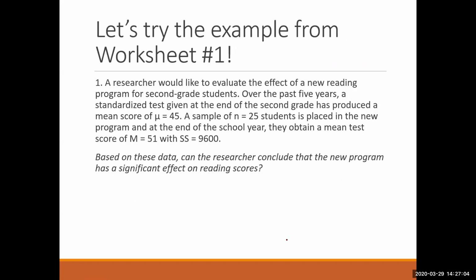So let's try the example from worksheet 1. If you can find worksheet 1, there should be 2. Worksheet 1, there's a number 1 at the top, and it's about the effect of a new reading program for second grade students.